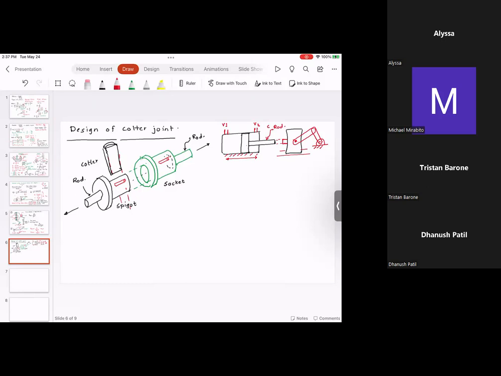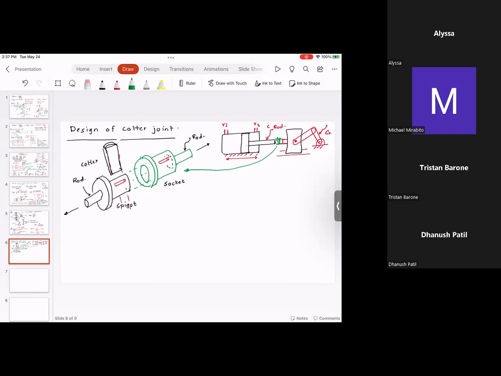So this is the crank. To attach the connecting rod to the crosshead, this is where you would use a Cotter joint.